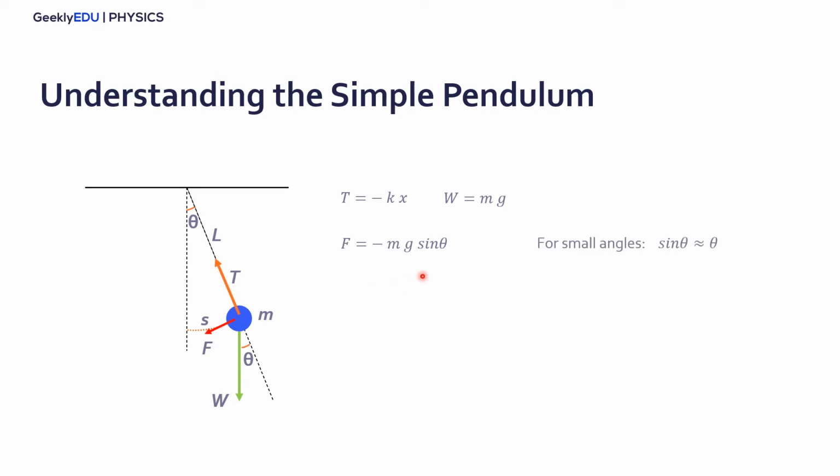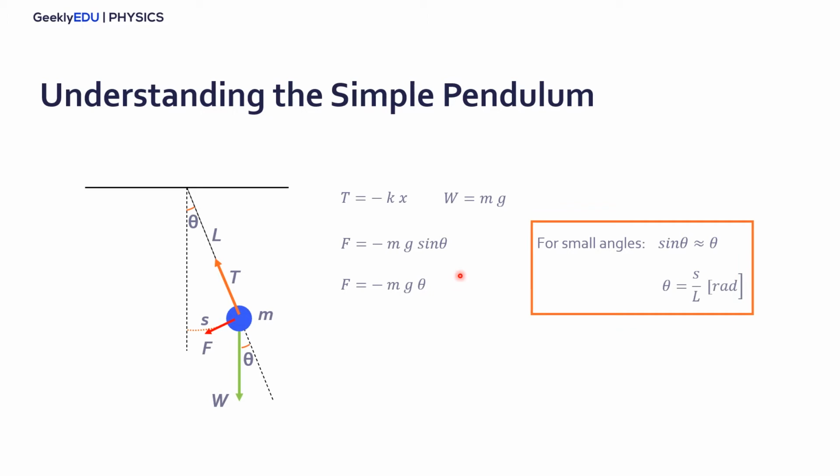Just one thing, let's consider now very small angles, and by small angles I mean like less than 15 degrees, right? For small angles like this, we have that the sine of the angle is actually approximately the angle itself. Okay? So we can simplify this formula to negative mg times the angle.